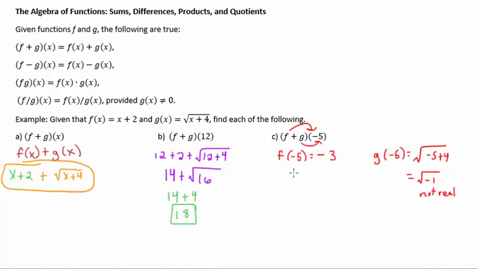And so we would say that this is undefined because of that negative underneath our square root. If it had been a number like 4 or something, then we would have taken -3, added it to 4, and gotten an answer. So either way you want to do that is fine.